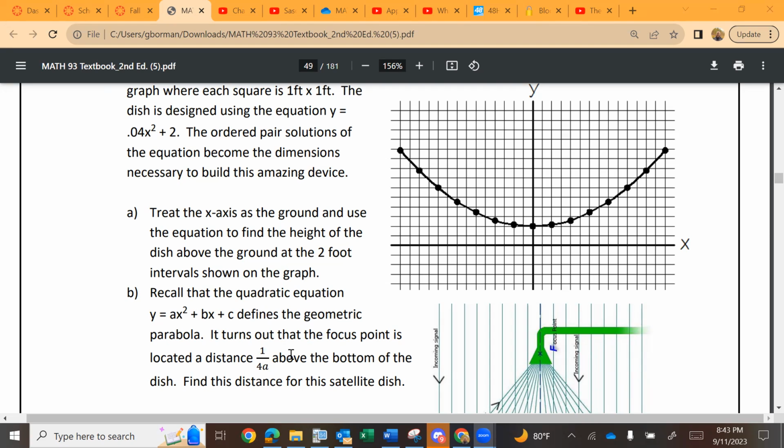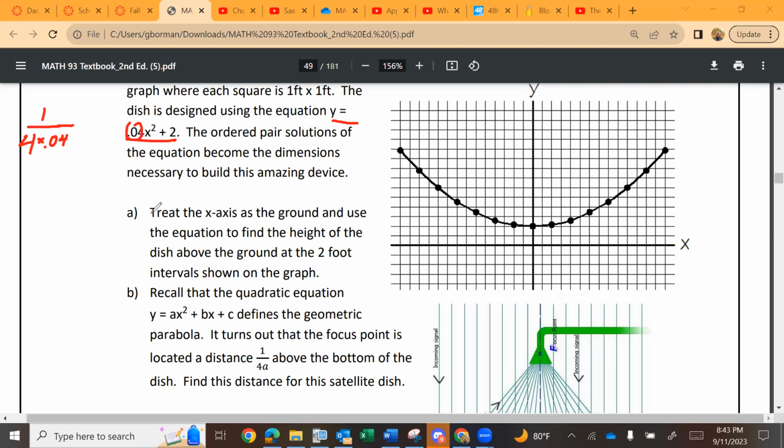So here in my video, basically, they're saying go find 1 over 4a. Well, there's 1 over 4, and then I have to multiply that by a. Well, a is the number that's multiplied by x squared. In our equation, the number multiplied by x squared is 0.04.